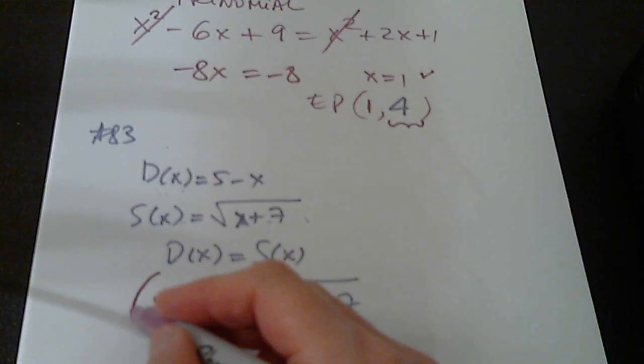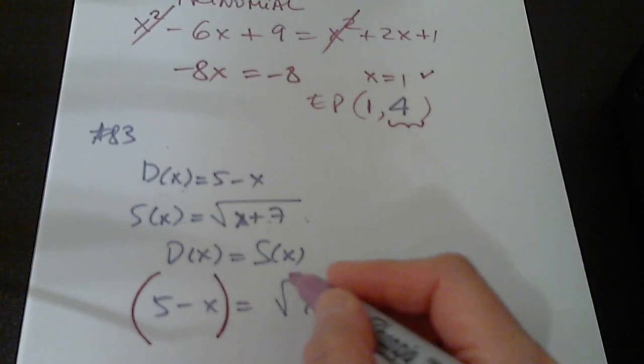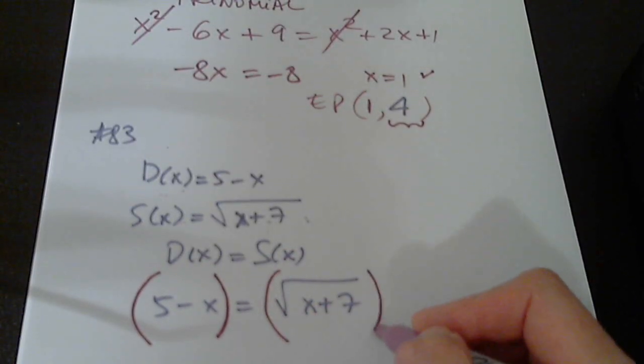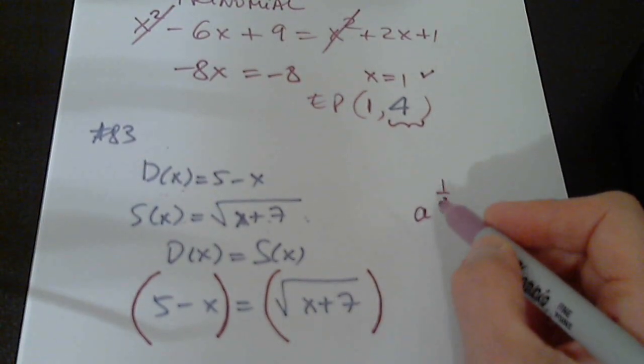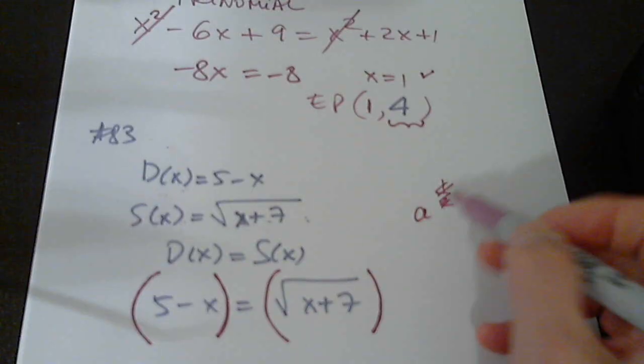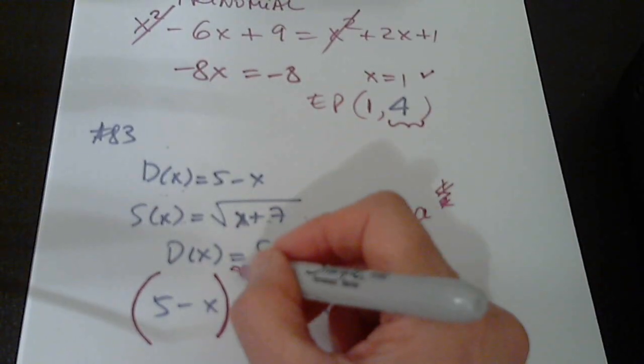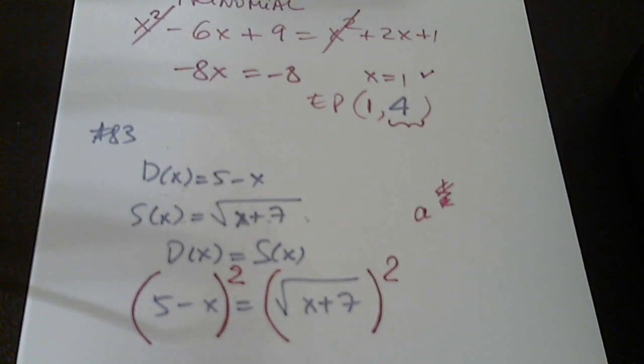Remember, the square root is power 1/2. In order to eliminate power 1/2, I have to square both sides. It's the only way we can get rid of the square root, by squaring both sides.